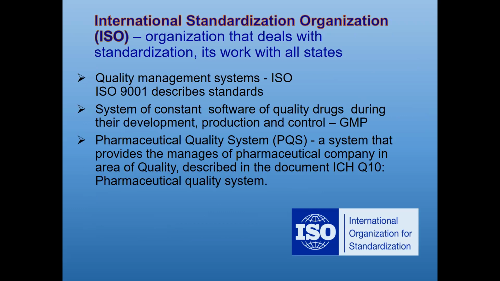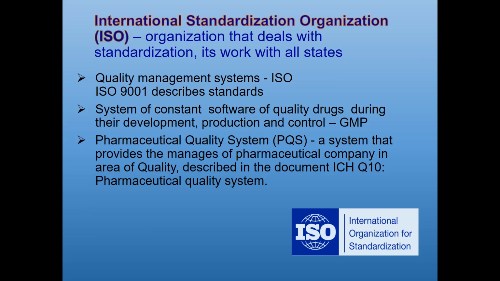The International Organization for Standardization is an organization that deals with standardization and works with all states. Quality Management Systems, ISO, describes standards. The system of constant assurance of quality of drugs during their development, production, and control is good manufacturing practice.